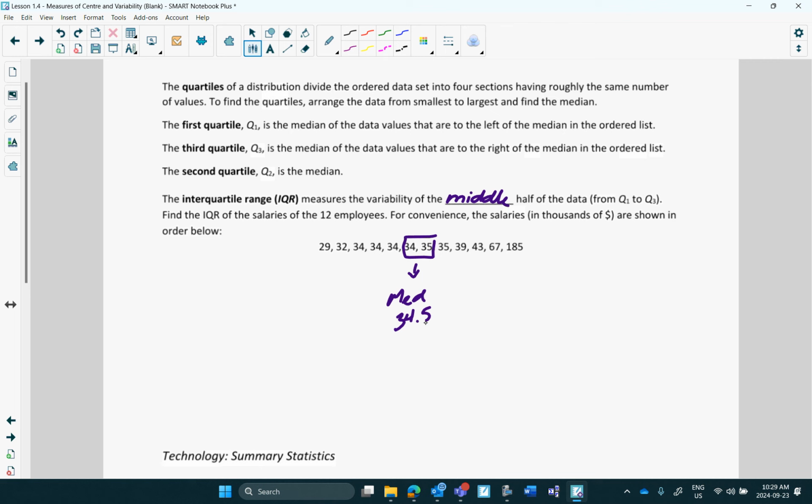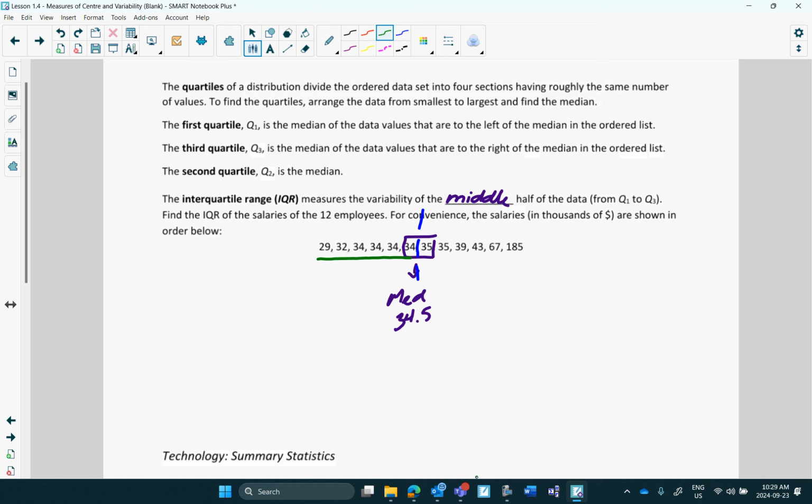So what we need to do now is split the data up. Find the median of the lower half and the median of the higher half. Those will be the first and third quartiles. So when I do this, I take these and I find the median.